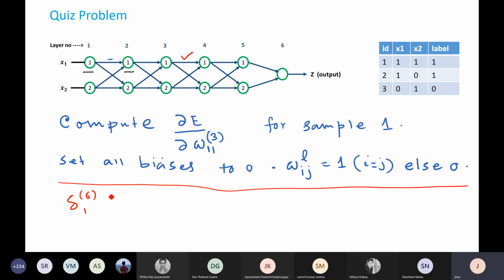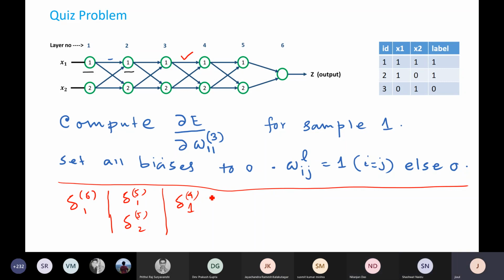Then delta 4 1 and delta 4 2. Do I need to compute anything else in order to compute this derivative? No, sir. Delta 4 1 will give it. Okay, all right.